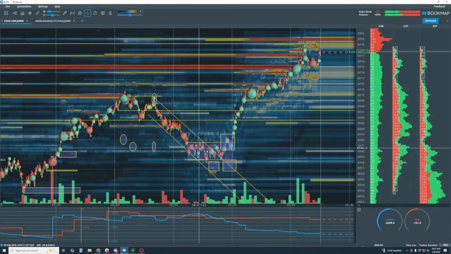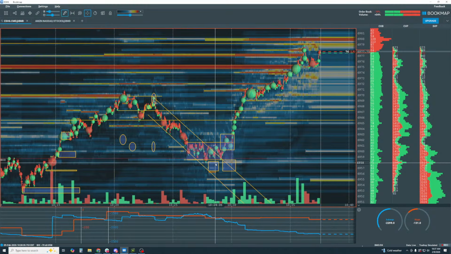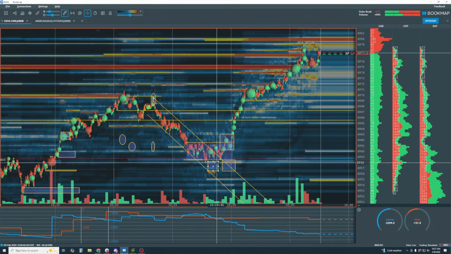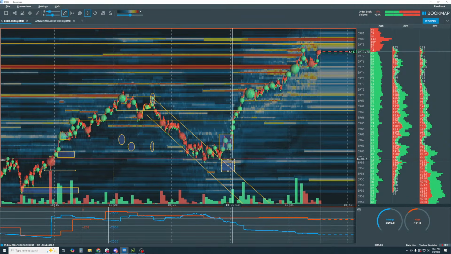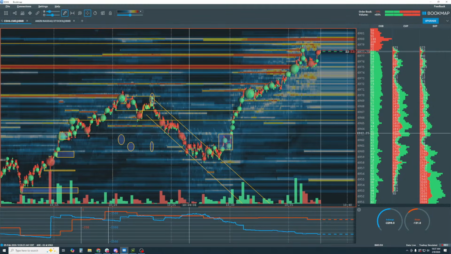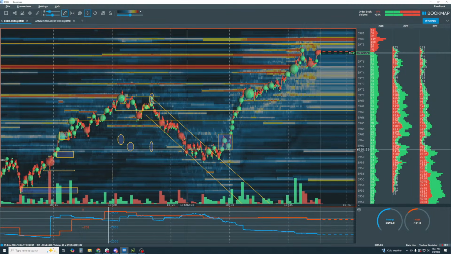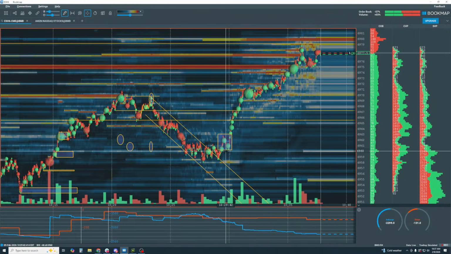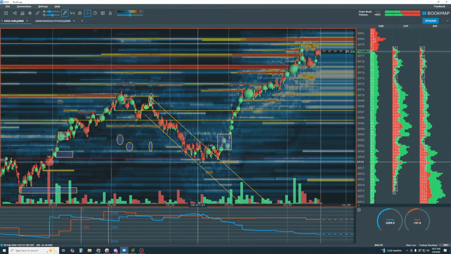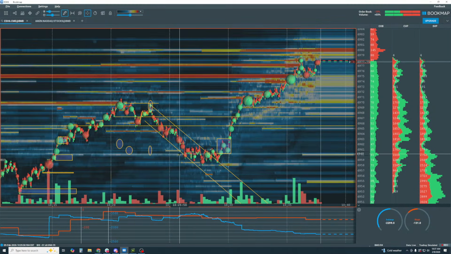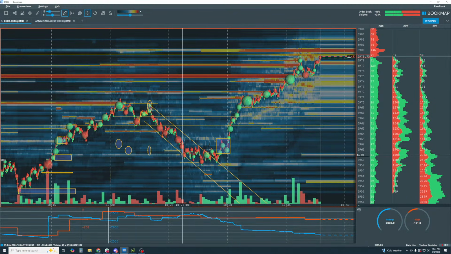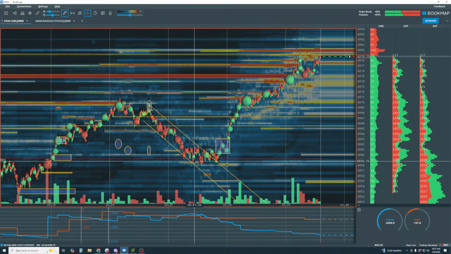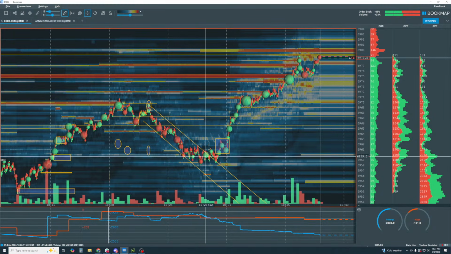Now this clarity in here, like I said, is kind of another version of this trendline break and accumulation. Now the passive liquidity, or the passive buyers in here, there's not a lot, and it broke a trend line.